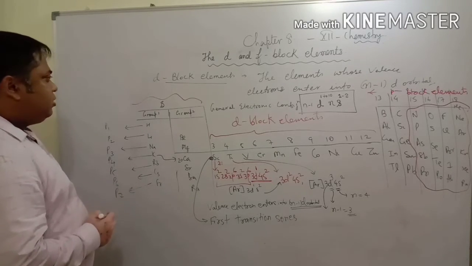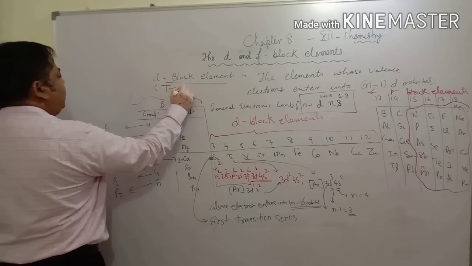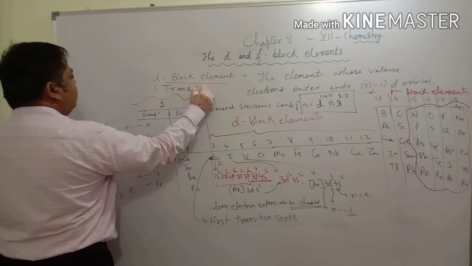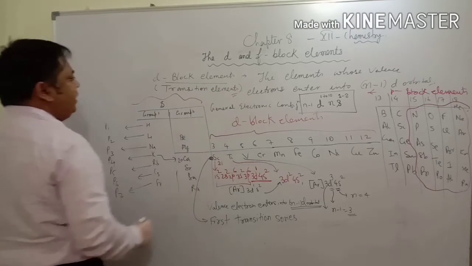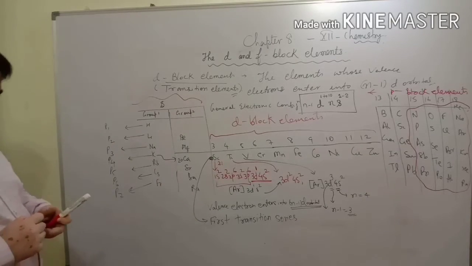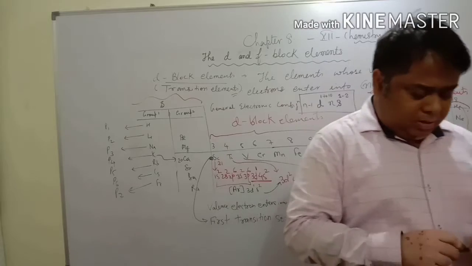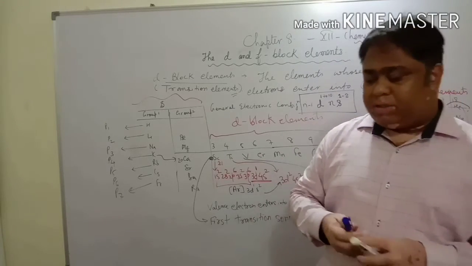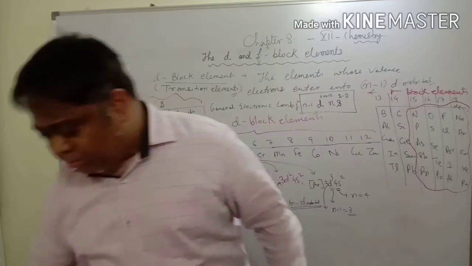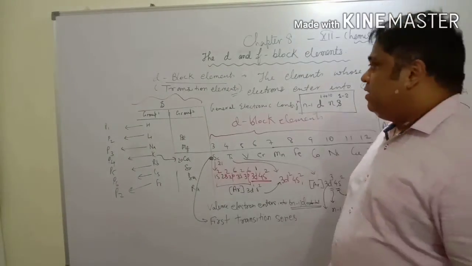Now D block elements are also called transition elements. Why are D block elements also called transition elements? Because in D block elements the d orbitals are partially filled and the electrons can go from one energy level to another energy level.